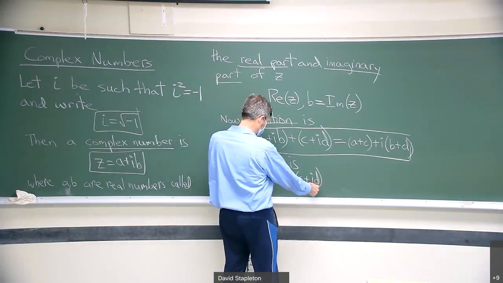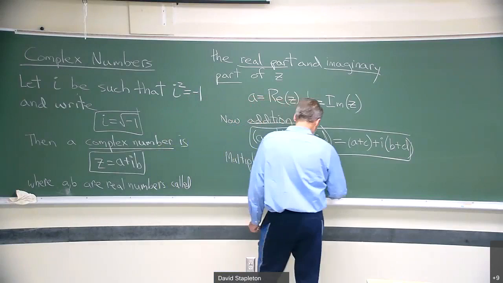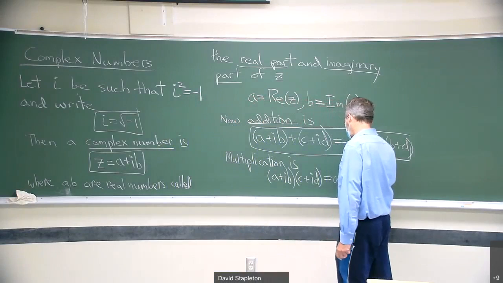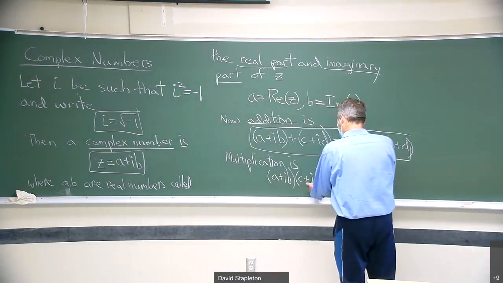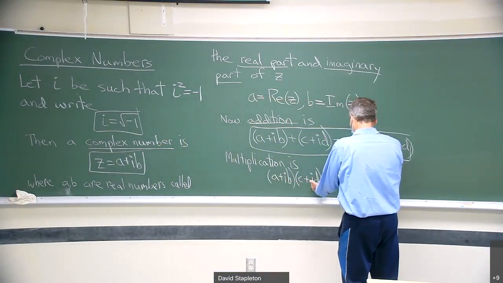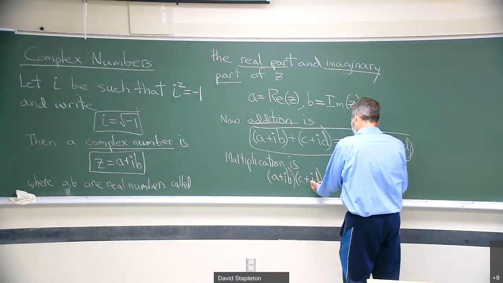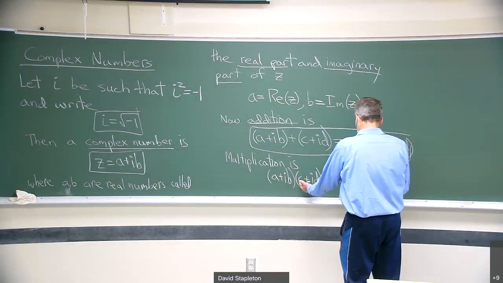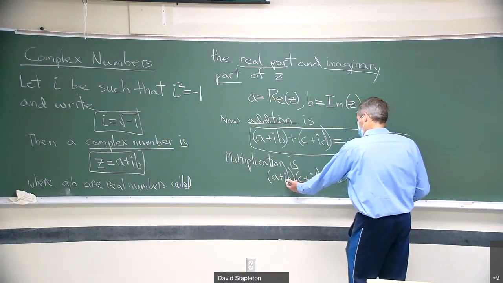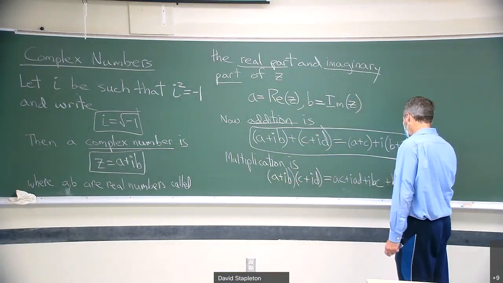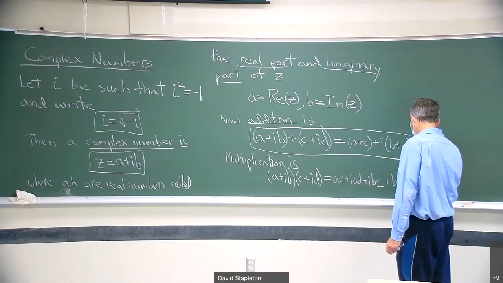This times this plus this times this plus this times this plus this times this. So if I FOIL it out, I would get AC plus AID, and I can multiply in any order, so I call it IAD, plus IBC, plus BD times I squared.